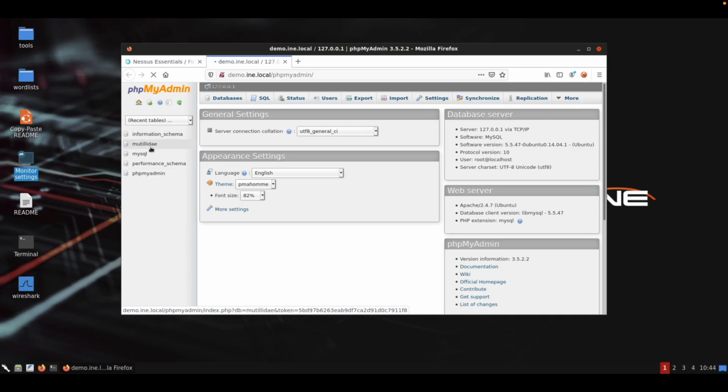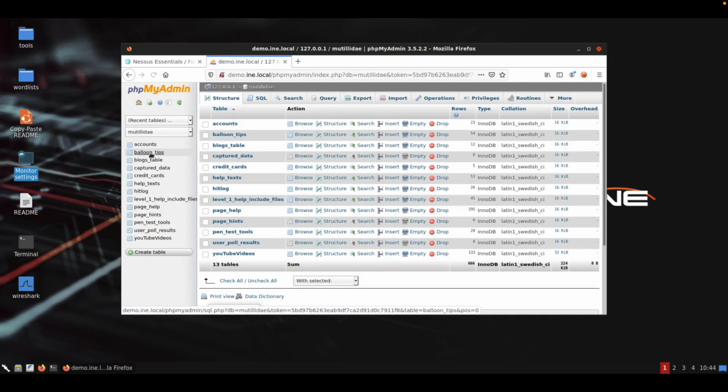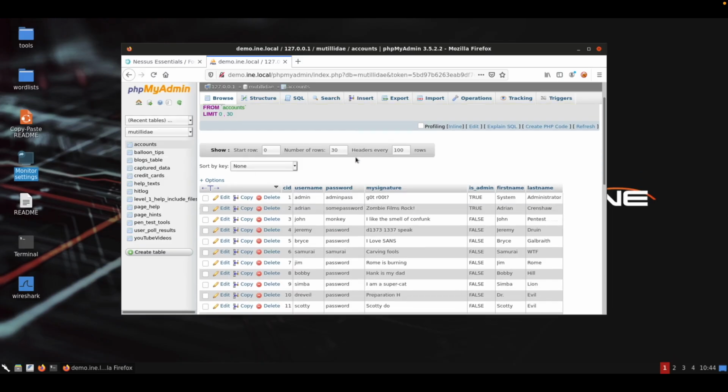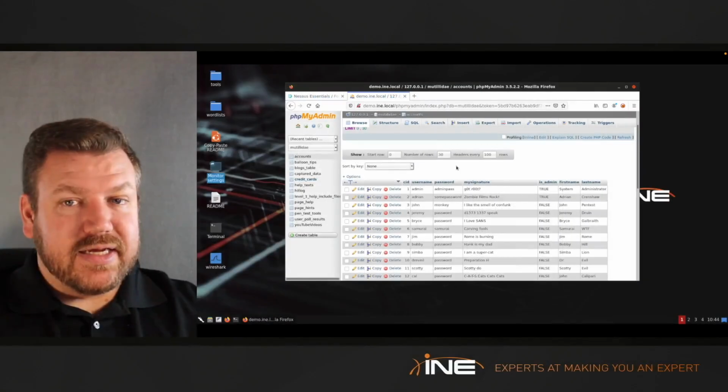If we look at some of the tables, there's a utility table, and in here there is accounts. And so it ran this select all from accounts and is sharing that without us ever authenticating.